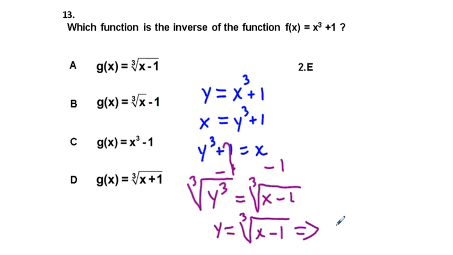To rewrite this finally in inverse function notation, we would say f negative 1 of x equals the cube root of x plus 1, oops, minus 1. Changed signs there, didn't I? Okay. x minus 1. There we go. So our correct answer is A.